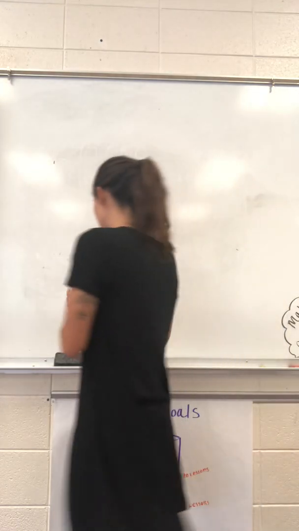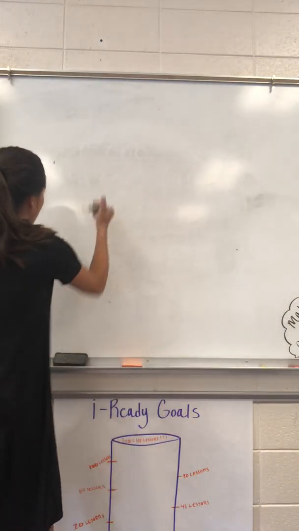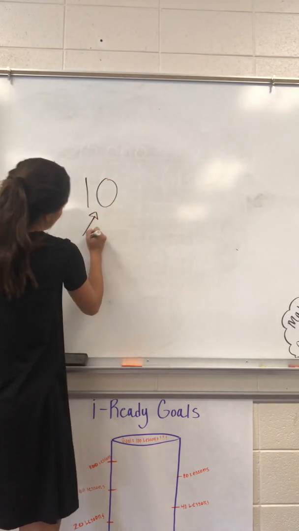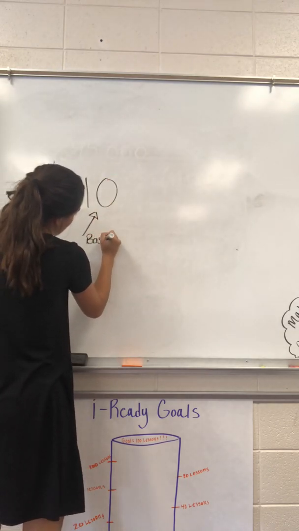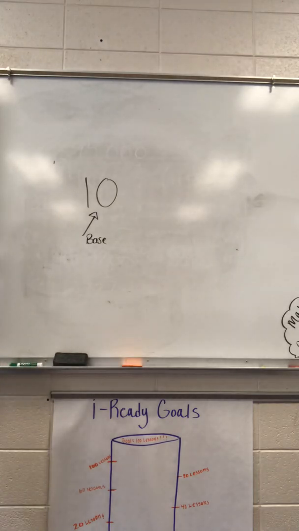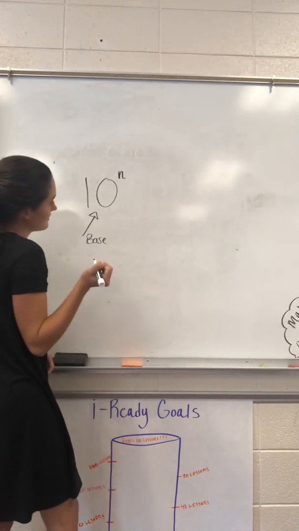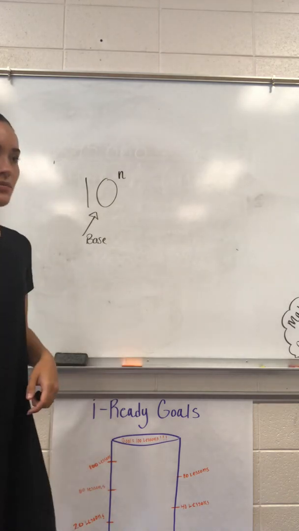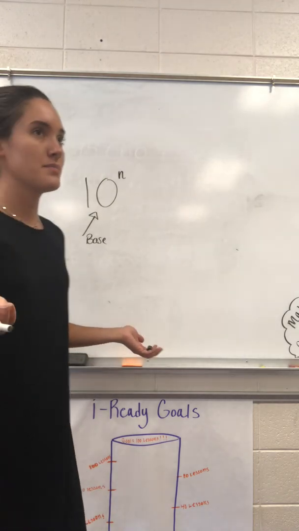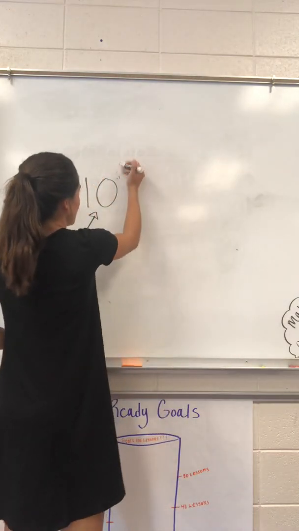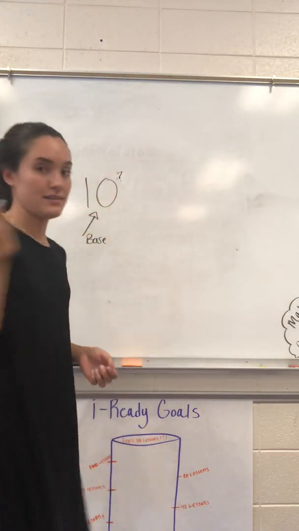So for now, we're just going to be talking about the base, which is going to be 10 for this lesson. It's going to stay 10. The base is going to stay 10. And then I usually put a placeholder in there just to represent what power of 10 it's going to be, or what exponent. So it's basically like a question mark, it can be anything.